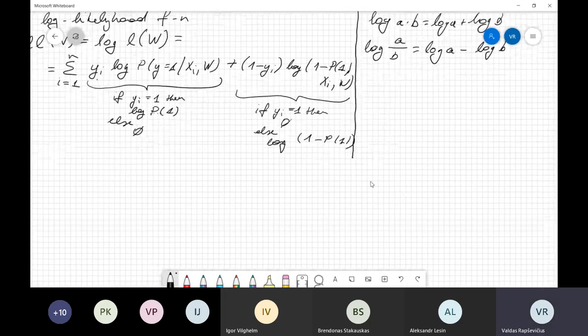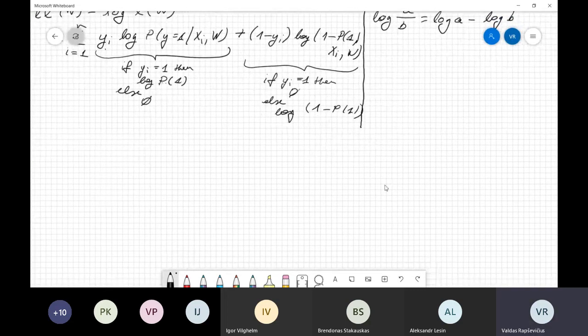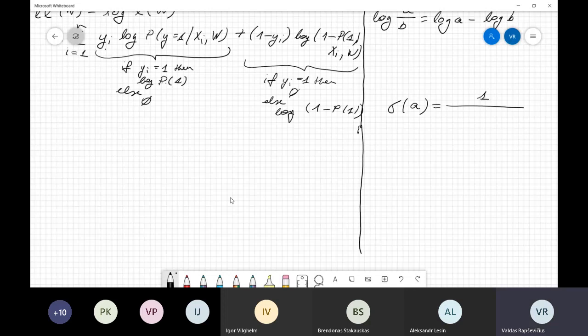Okay. Now we make some additional notations in order to simplify the upcoming calculations. I have already mentioned, and you have seen, that sigma of A is actually the sigmoid function, 1 plus e to the minus A. So this one we've seen already, but I'm just writing it down so you know what sigma is.